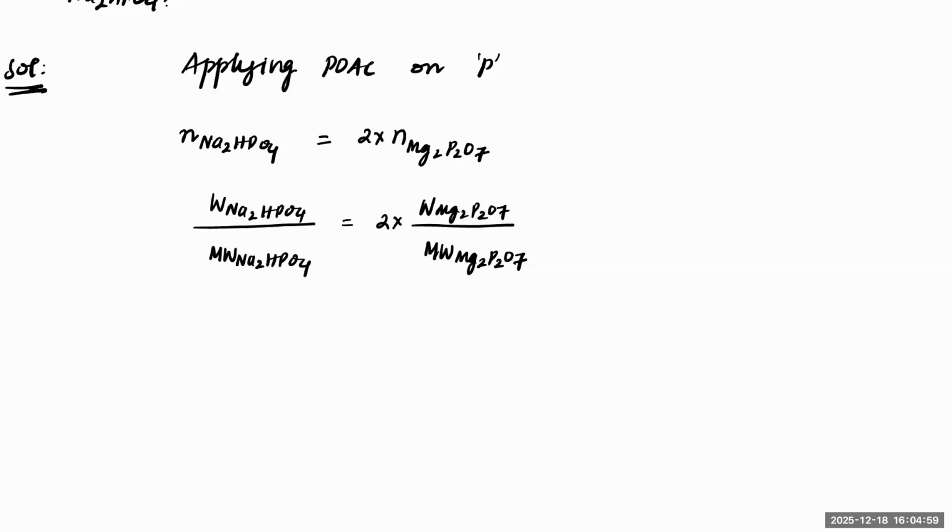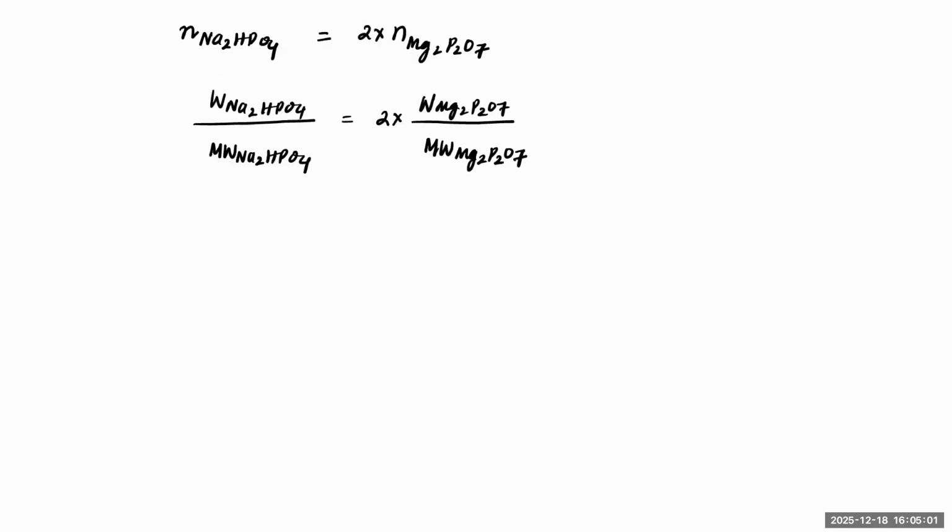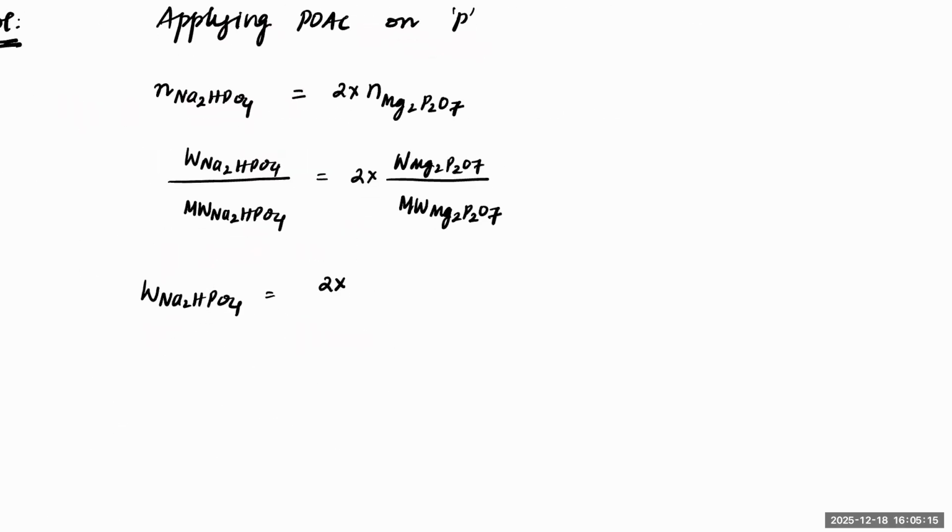And thus, using this, weight of Na2HPO4 will be equal to 2 times the weight of the product, which is given as 2.054, by molar mass, which is 222, multiplied by the molar mass of Na2HPO4, that is 120.